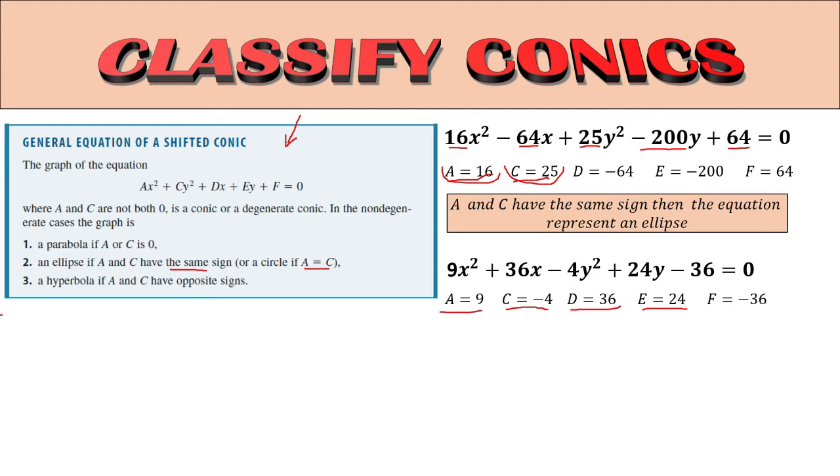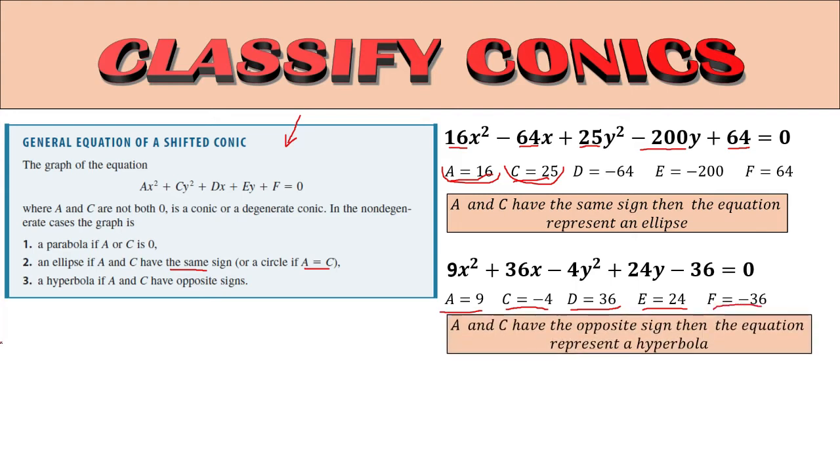And F is -36. Then A and C have opposite signs, so the equation represents a hyperbola. I'm using the third classification: it's a hyperbola if A and C have opposite signs.